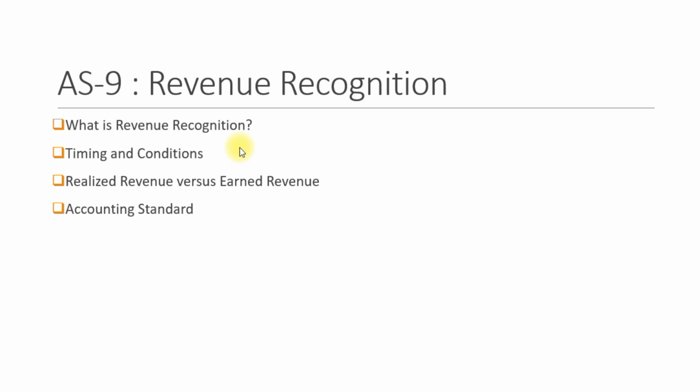So in this context, it is also important to go through two concepts, realized revenue as well as earned revenue, which is what we have here. Revenue is realized when goods or services are received by the customer, but payment is not necessarily received; payment is expected later. So revenue is realized when goods or services are received by the customer, even before making that payment.